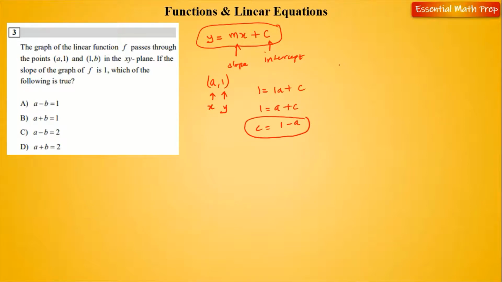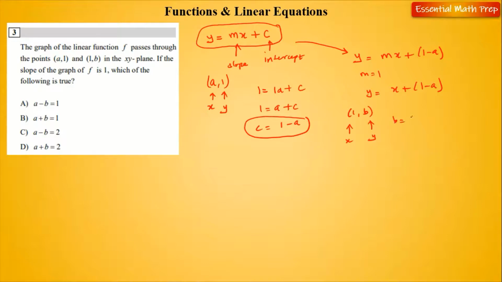So let's rewrite the linear function now as y equals mx plus 1 minus a, because that's what c stands for. We know our slope is still 1, so m equals 1. That does not change. So y equals x plus 1 minus a. This time around, let's use the ordered pair (1, b), where 1 corresponds to x, b corresponds to y.